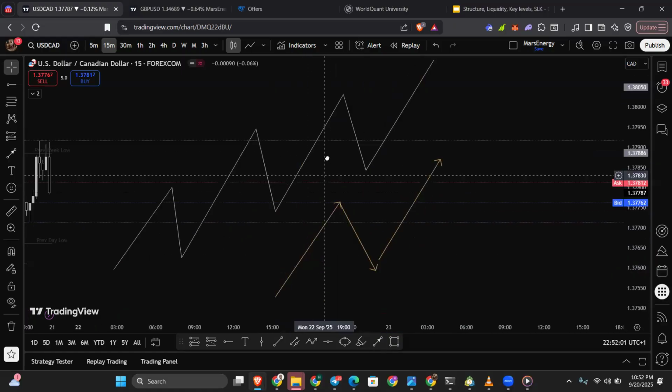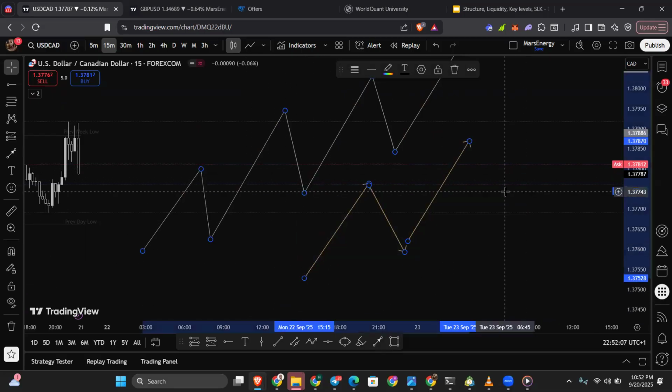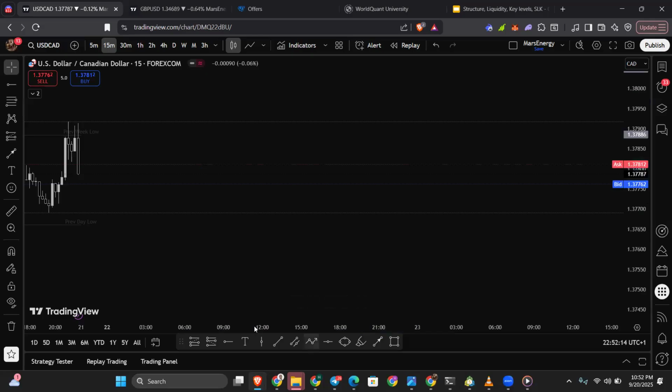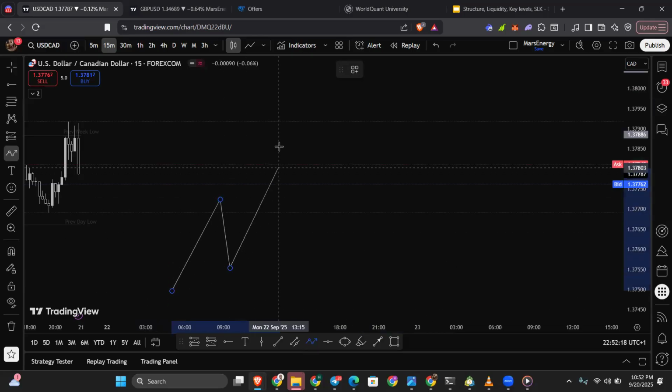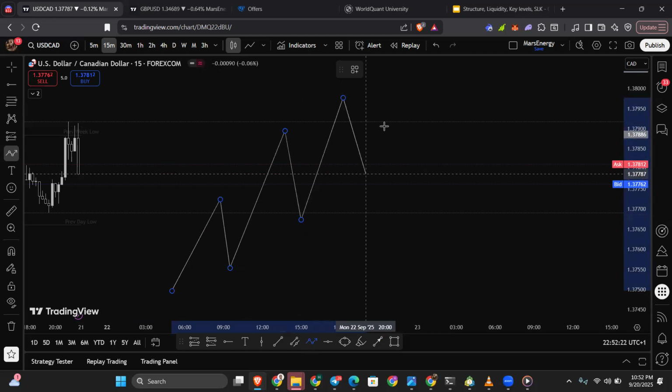So now we are looking at the swing highs and swing lows. Like I said, these are liquidity points in the market, even though I've covered them in the IRL and the ERL.